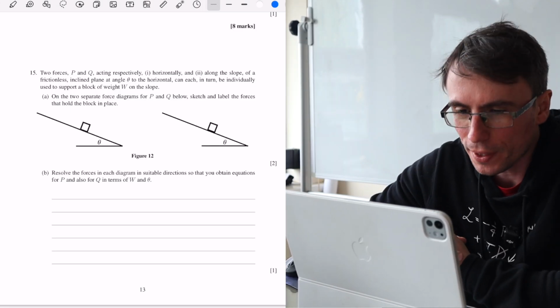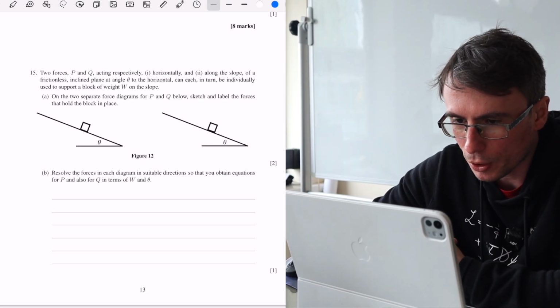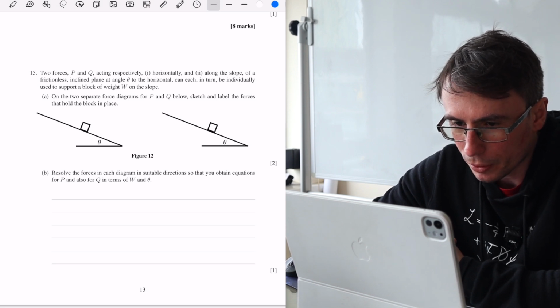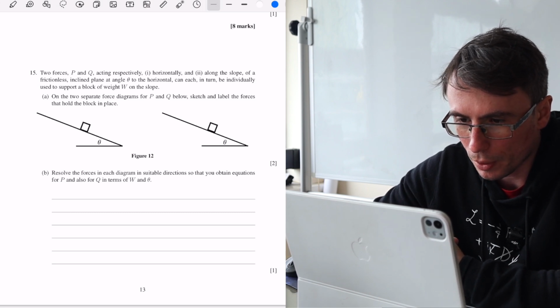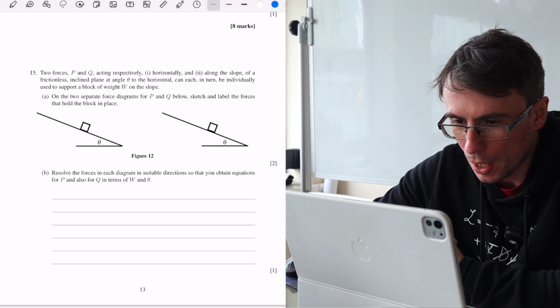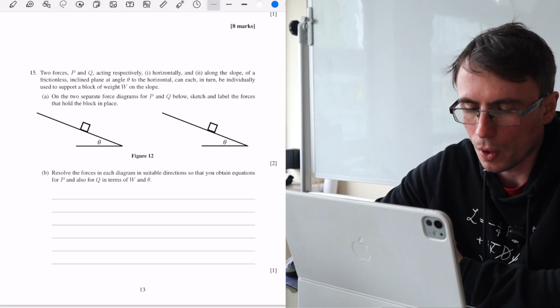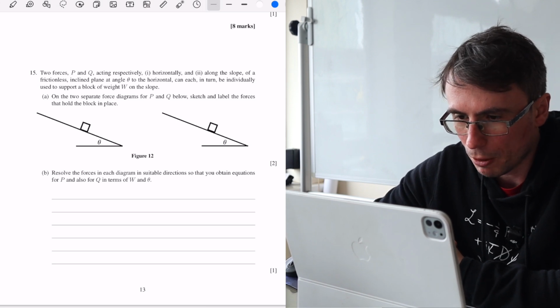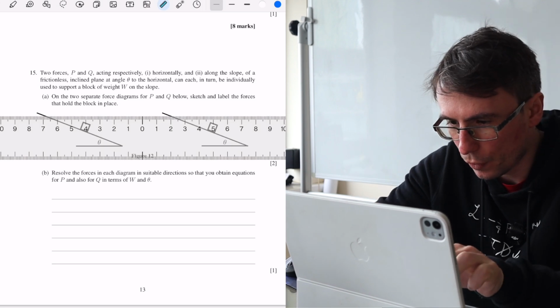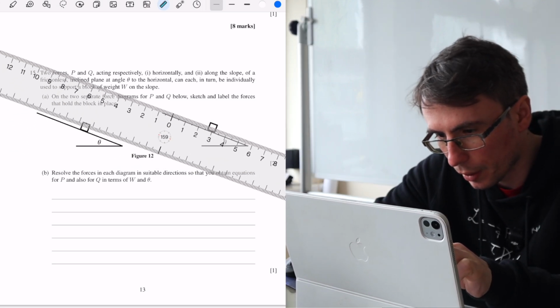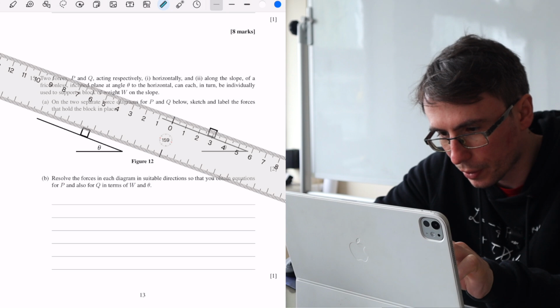Okay, question 15. Two forces P and Q acting respectively horizontally and along the slope of a frictionless inclined plane can in turn individually be used to support a block of weight W on the slope. In two separate force diagrams, sketch and label the forces that hold the block into place. Okay, so tell you what, let's draw the force along the slope first of all.